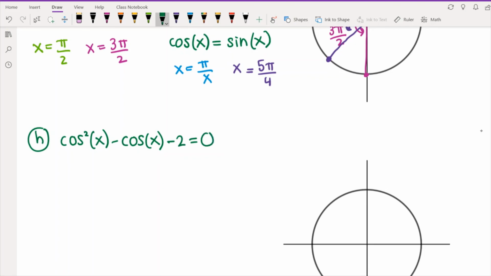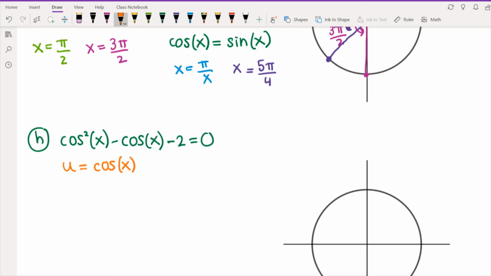So this one is what's called a quadratic in cosine. There's a trick that I showed you, which was that instead of writing cosine of x, you can say, let's let u equal cosine of x. And that might help you see how to factor it.